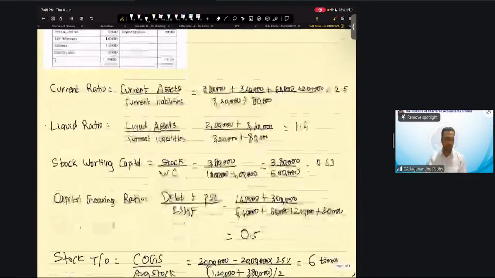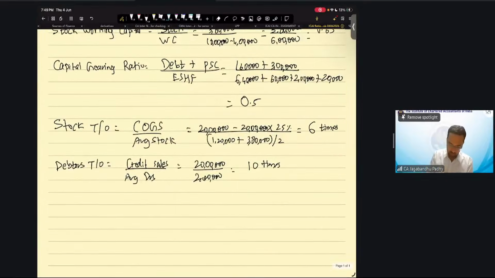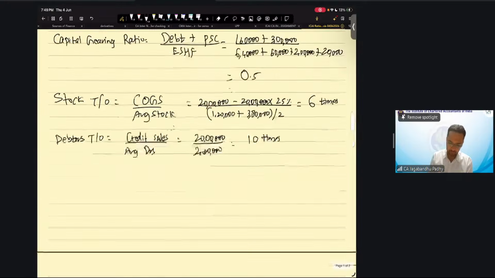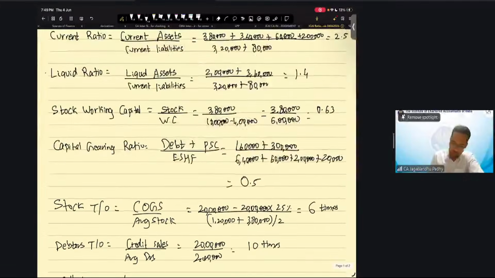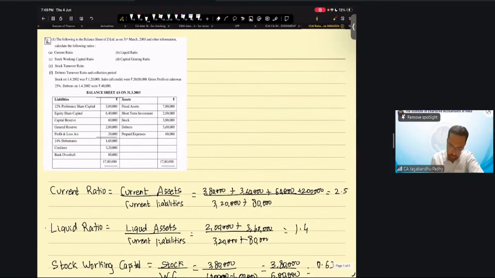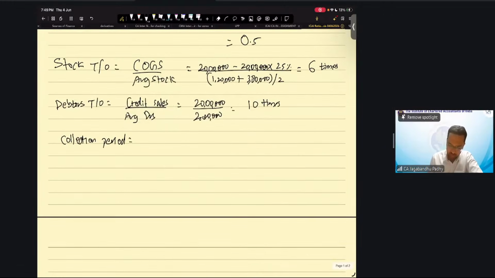Okay, and then we also have the collection period. Nothing has been specified with regards to number of days, so since it is 10 times, I can say it is 365 upon 10, which is 36.5 days.